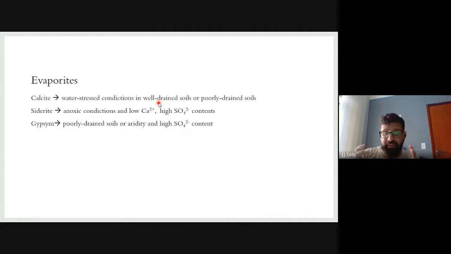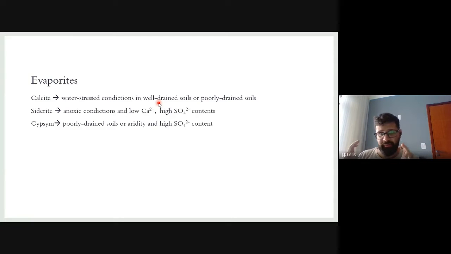Okay, we need to migrate calcium and concentrate calcium to produce a high content of calcium that could create calcium carbonate. It's because calcium carbonate only precipitates in high concentrations of calcium. If you have a low concentration of calcium, you can't produce calcite.